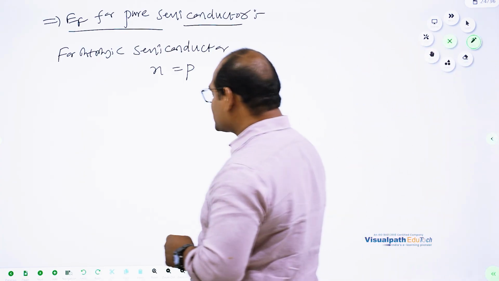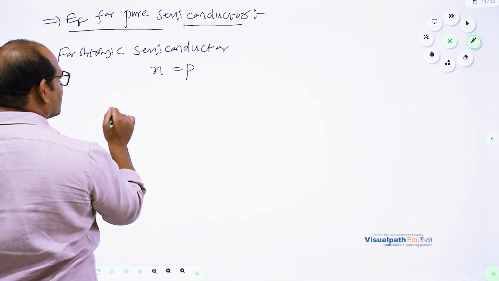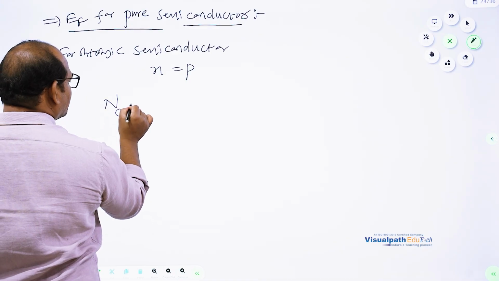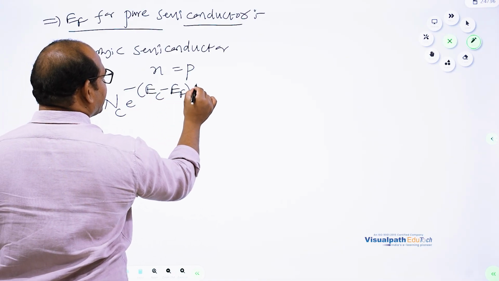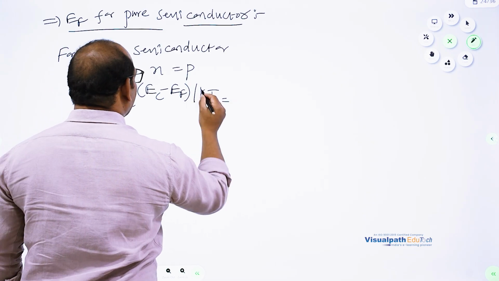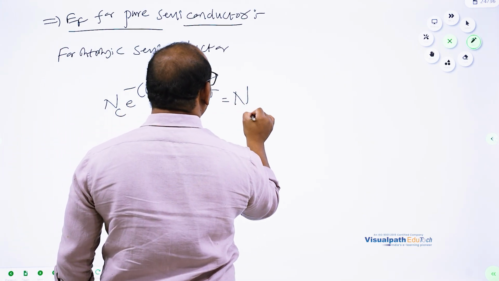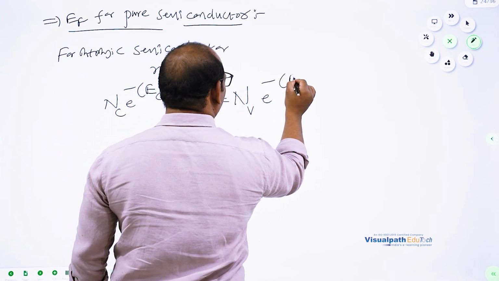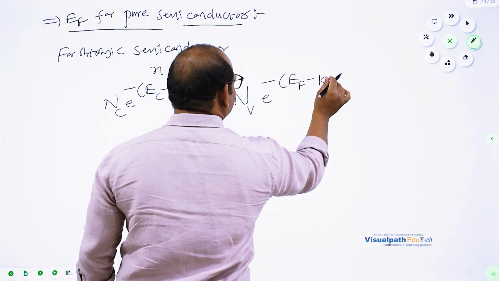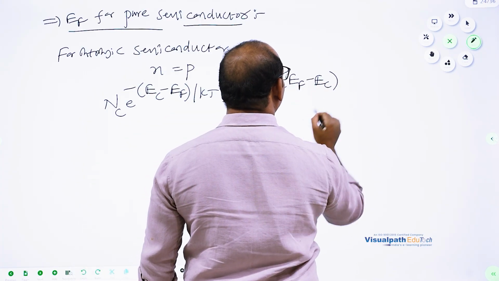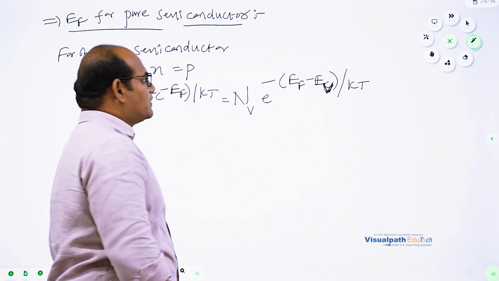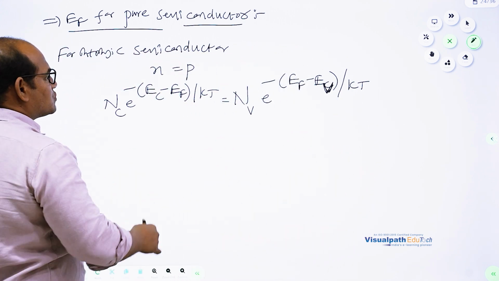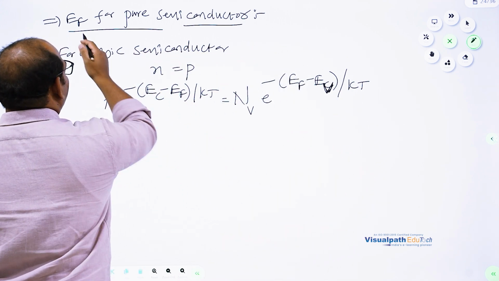We have the expressions for these two, we just need to equate them. n is nothing but Nc into e power minus (Ec minus EF) by KT, and p is nothing but Nv into e power minus (EF minus Ev) by KT, because it is related to the valence band.